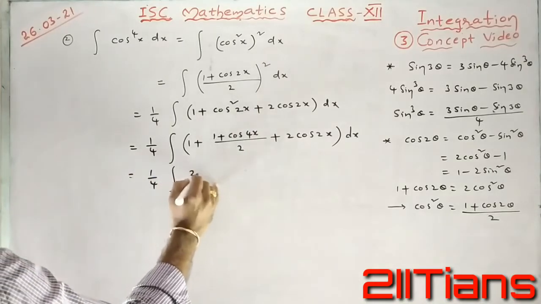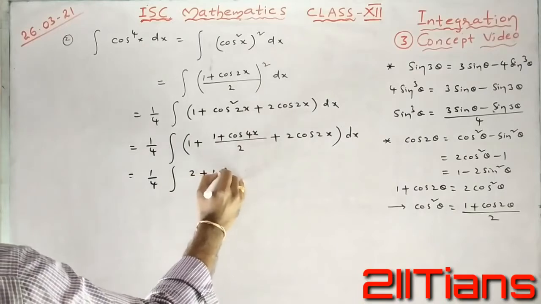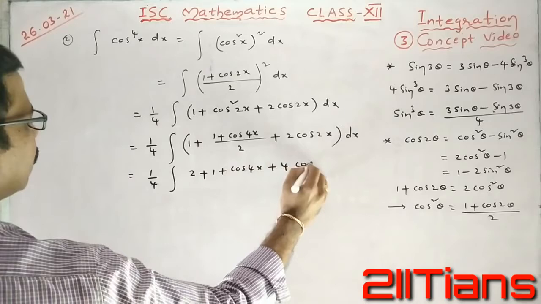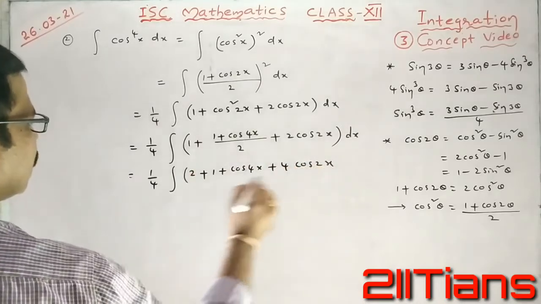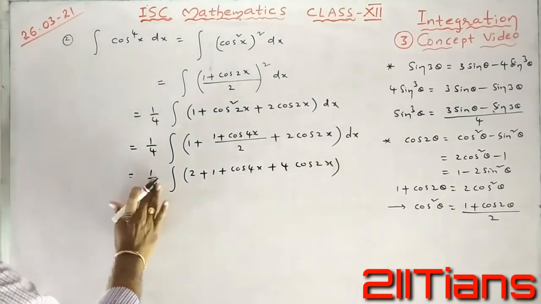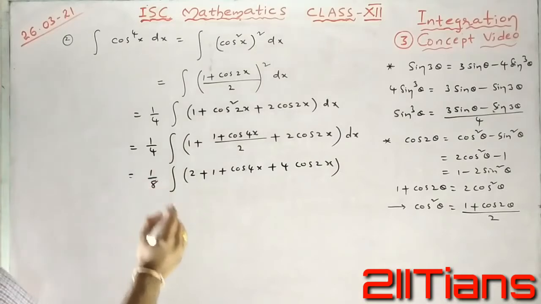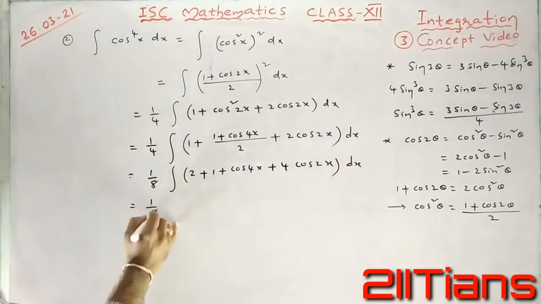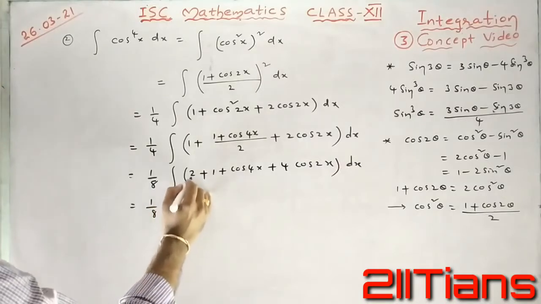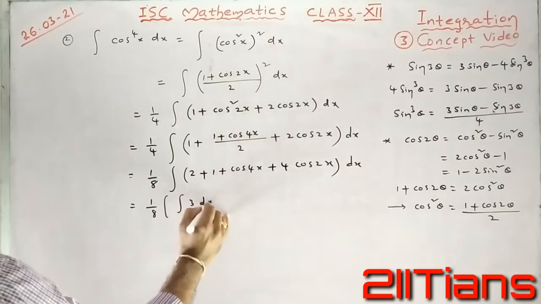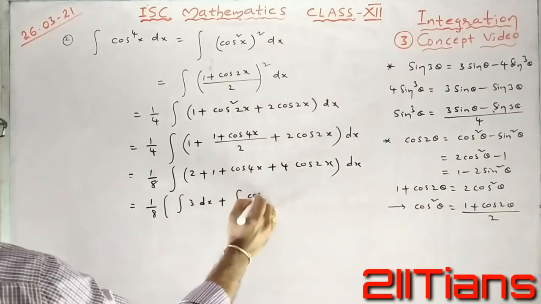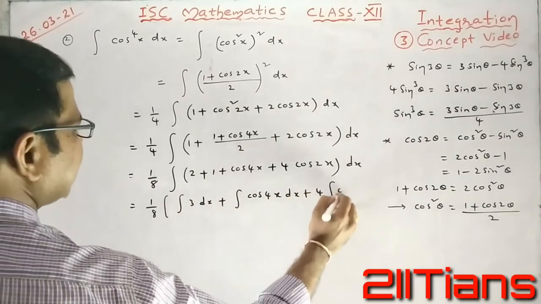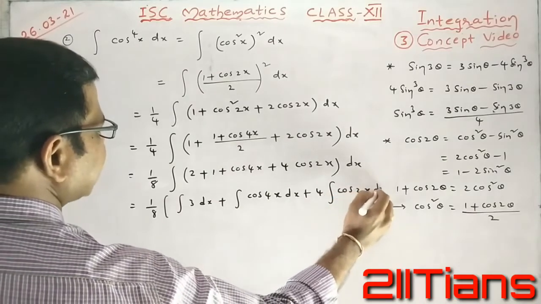Integral, take LCM here: 2 plus 1 plus cos 4x plus 2 2s are 4 cos 2x upon 2. That means I can write here 4 2s are 8 dx. Now 1 by 8 times integral 3 dx plus integral cos 4x dx plus 4 times integral cos 2x dx.